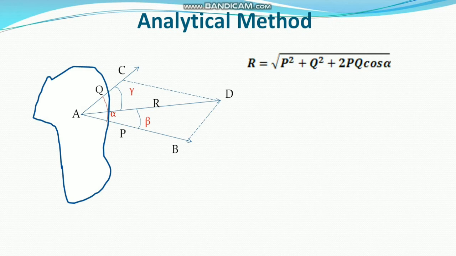Now we will convert it into the law of triangle. Let us draw the triangle. First you have to draw the force P, let it be AB, the force P. So this is the P force.